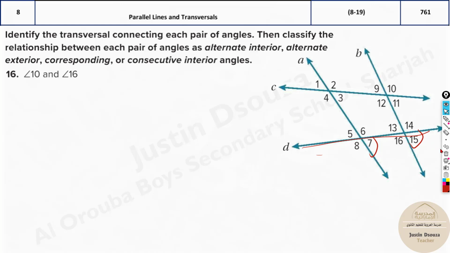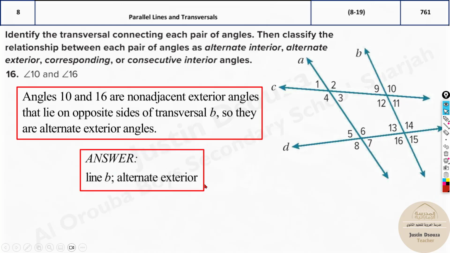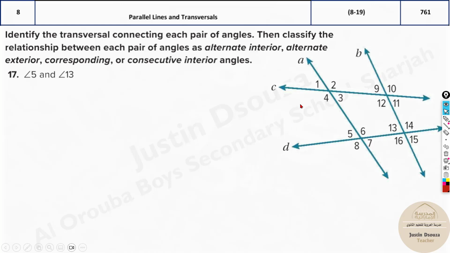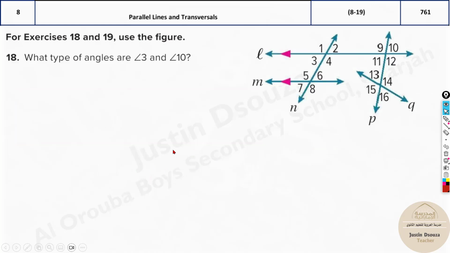What about 10 and 16? They're outside, exterior, with C and D lines. The transversal is line B, exterior alternating. And 5 and 13? This is 5, 13 is over here. They're corresponding, and the transversal is line D.